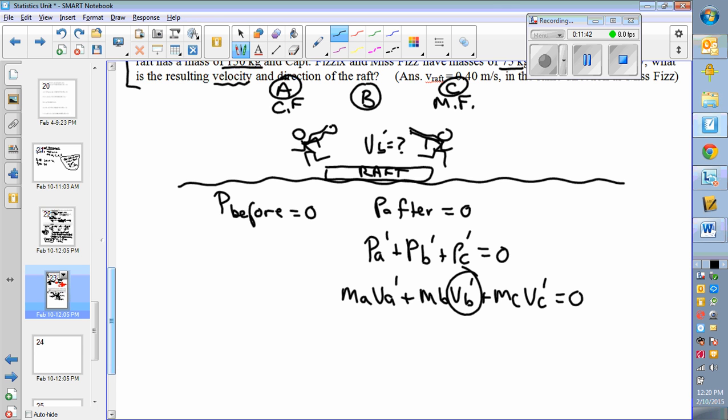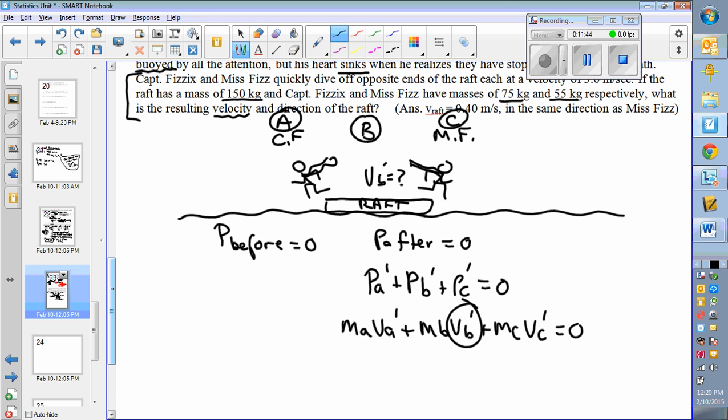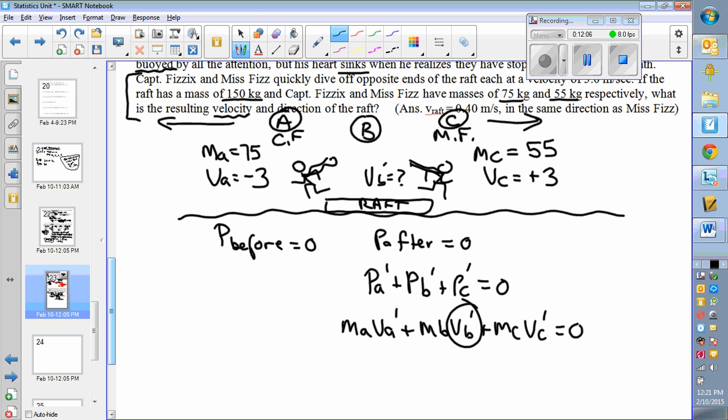So we'll label the information on my picture a little better now that you can see the formula. MA is 75. VA is -3, because I'll choose this way as negative as the usual convention. MC for Miss Fizz is 55, and her speed is +3, going in that direction. The raft is 150, and we do not know its speed.